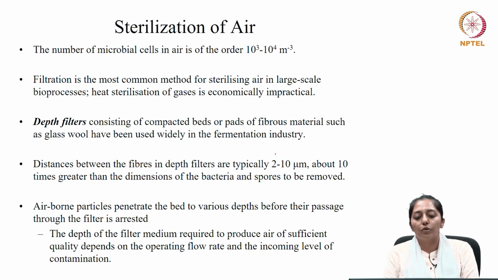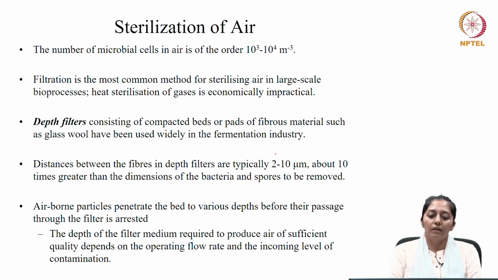The number of microbial cells generally present in the air is of the order of 10 to the power of 3 to 10 to the power of 4 per meter cube. Filtration is the most common method for sterilizing air in large scale bioprocesses. Heat sterilization of gases is economically impractical.